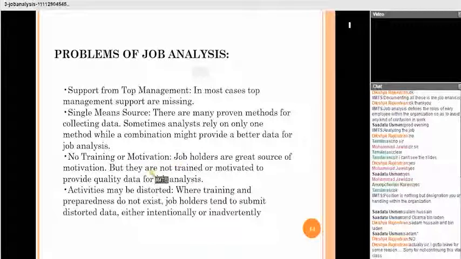Job holders are a great source of information, but they are not trained or motivated to provide quality data for job analysis. Activities may be distorted where training and preparedness do not exist. Job holders tend to submit distorted data either intentionally or inadvertently. So these are the problems of job analysis.